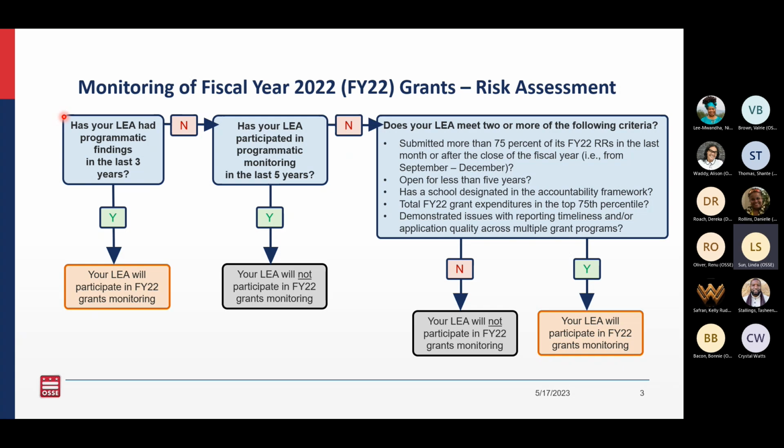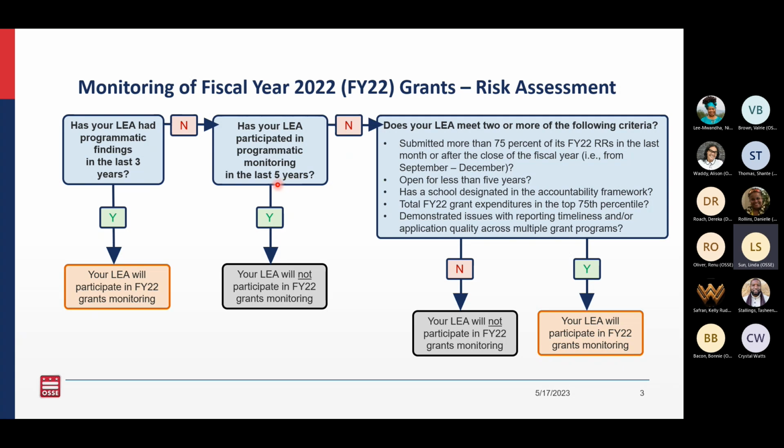Because there was such limited programmatic monitoring last year, that's the reason we're looking at the last 3 years as opposed to just 2 years. If there were findings, then your LEA was selected to participate in monitoring for this cycle. If not, we then looked at all the LEAs that had not been programmatically monitored at all in the last 5 years.